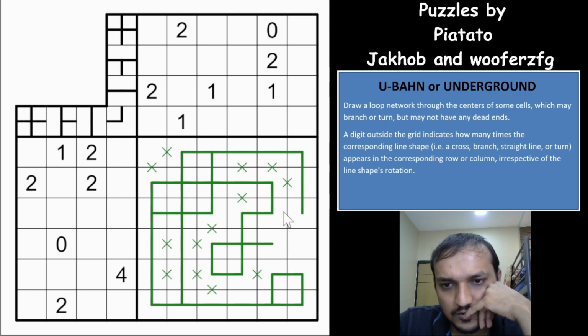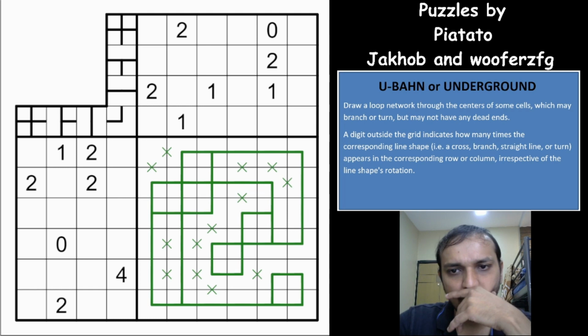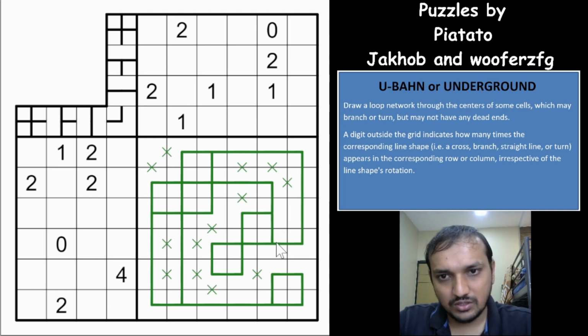It is this cell, right? Because now this is also branching, you have 3 branches here now.